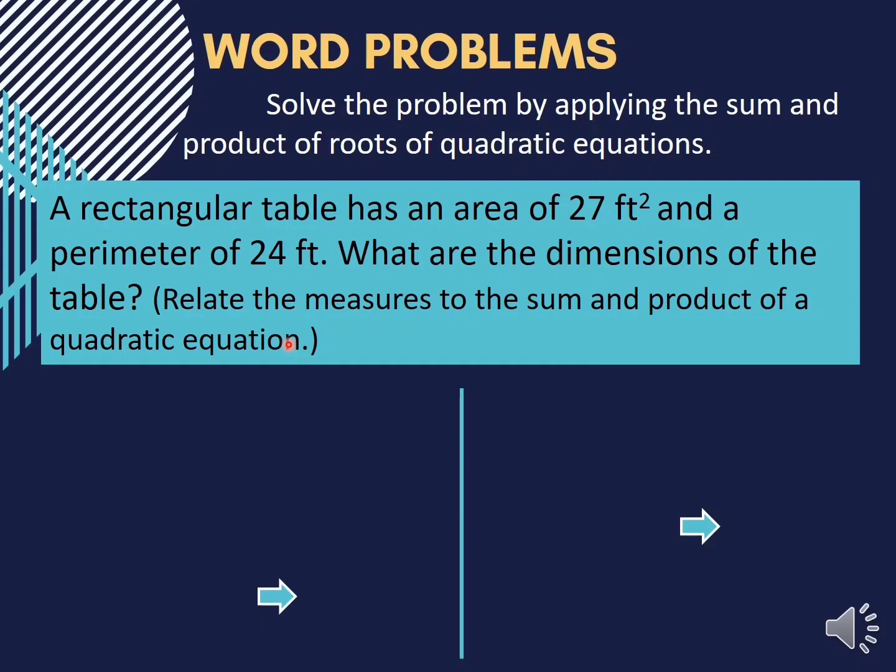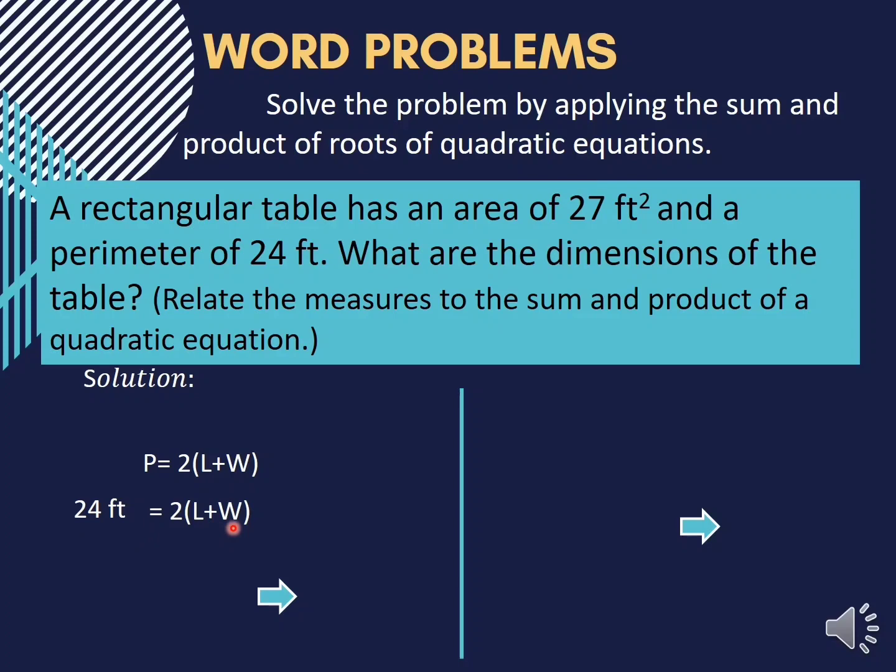Now, we all know that the perimeter is equal to... What is the formula in finding the perimeter of a rectangle? Since this is a rectangular table, the perimeter is equal to 2 times length plus width, or 2 times L plus W. Now, let us substitute the values. The perimeter is 24 feet, and then we have 2 times length plus width.